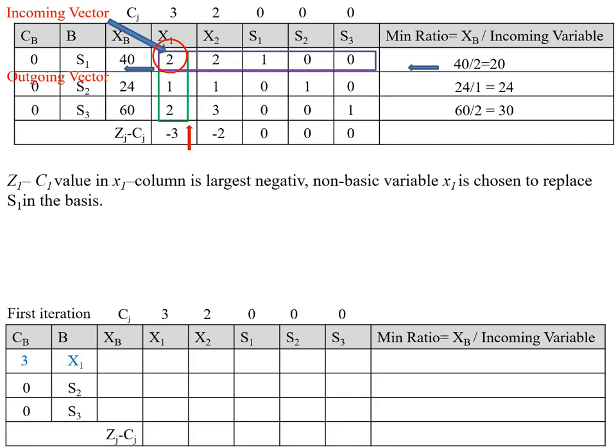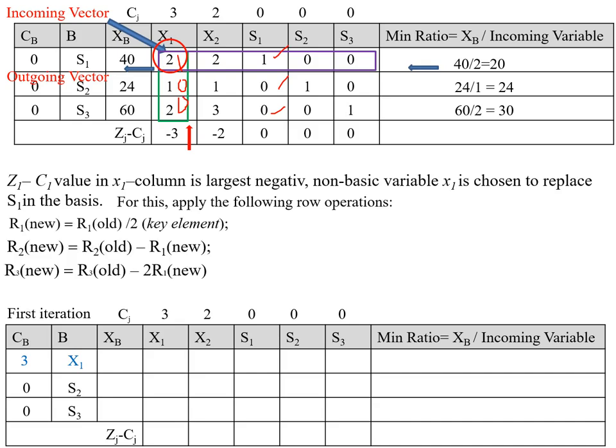Here s1 is the outgoing variable and its coefficients are 1, 0, 0. x1 is the incoming variable, so we have to make its coefficients also 1, 0, 0 by the following row operations. First row operation is R1 new equals R1 old divided by the key element. Here the key element is 2.